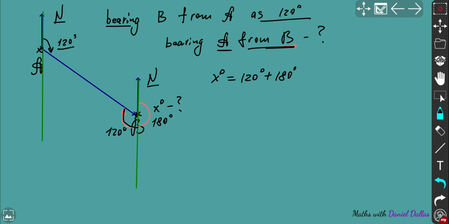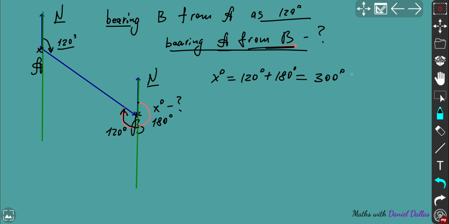Then you calculate the angle as the bearing to the segment BA, which gives the bearing of A from B, and this is your course on the way back. In total, if we add up the two components, the open angle 180 and the 120 as an alternate angle, you get the full bearing of A from B. So let's add up and we get 300 degrees in total.